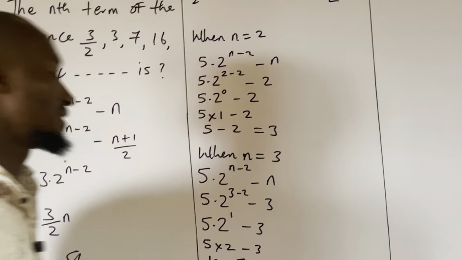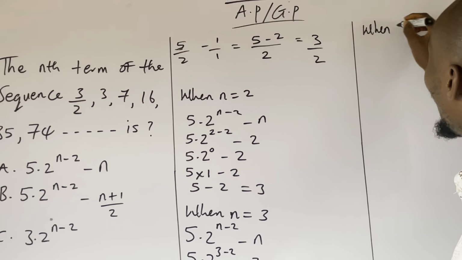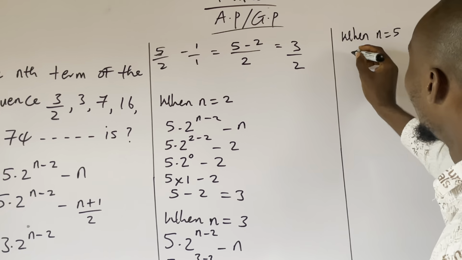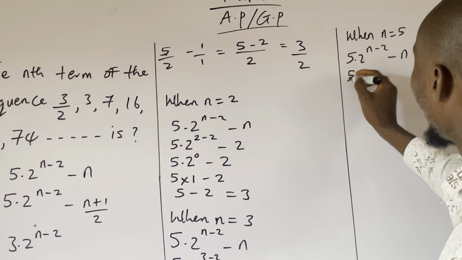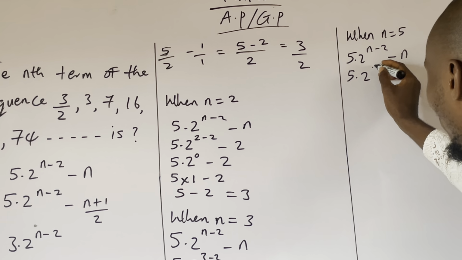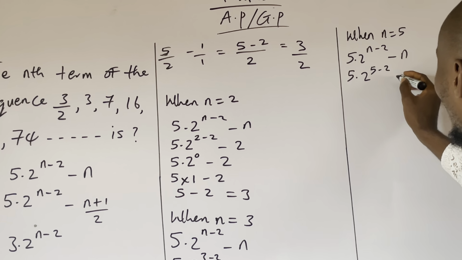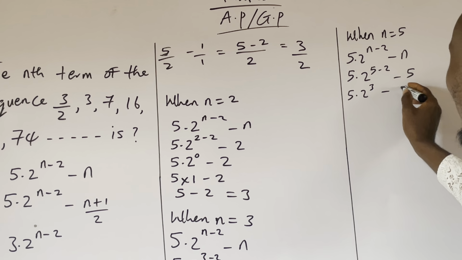Now, we have when n is equal to 5. When n is equal to 5, 5.2^(n-2) - n. This is 5.2^(5-2) - 5. This is 5.2^3 - 5.